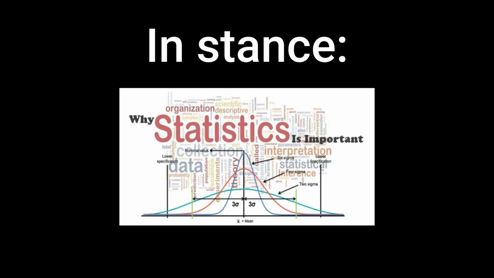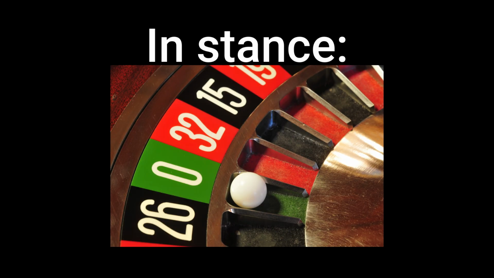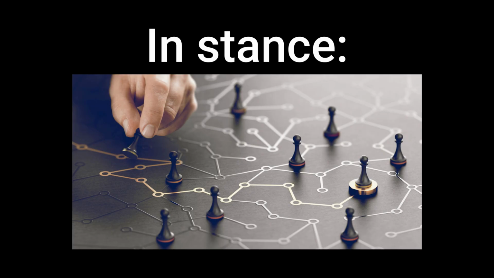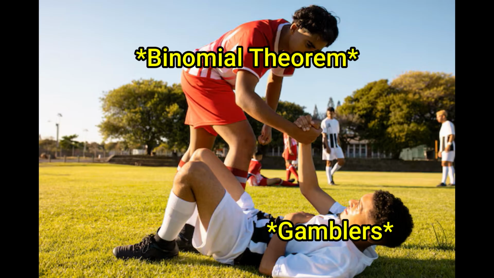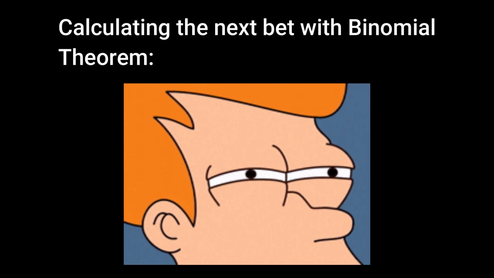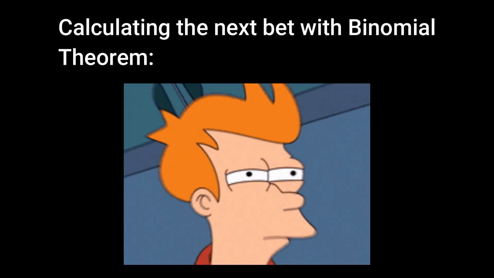For probability and statistics, which is a very important topic for this STEM channel, in gambling and games of chance, such as poker or blackjack, understanding probabilities is crucial for making strategic decisions. The binomial theorem helps calculate the odds of specific card combinations or outcomes, aiding players in determining their best course of action. In simple terms, binomials help us make better decisions in environments where randomness dominates the game, like gambling.